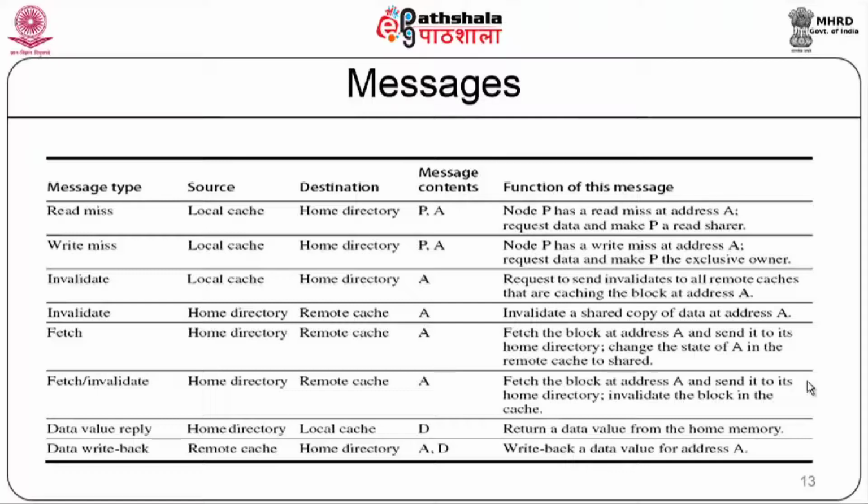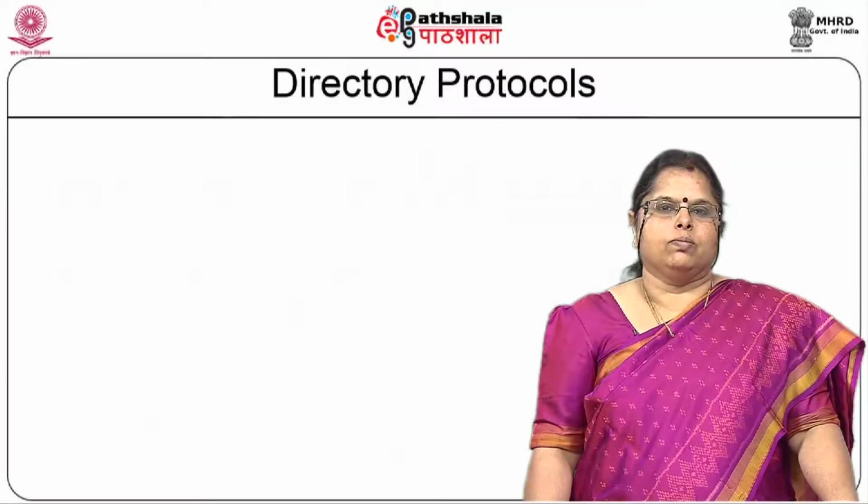And remember that the node that puts in the request is called the local node. The one that is holding the directory information is called the home node, and a third node which holds this information in the cache, in a shared, exclusive or modified state, is called the remote node.